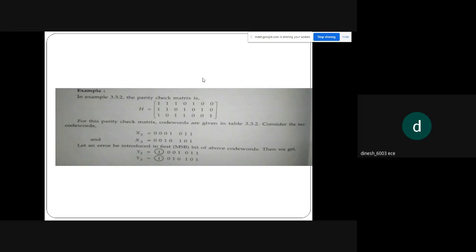X2 is given as 0 0 0 1 0 1 1. X3 as 0 0 1 0 1 0 1. Here a gap is given between the fourth and the fifth bit. This states that M has 4 bits and C has 3 bits.